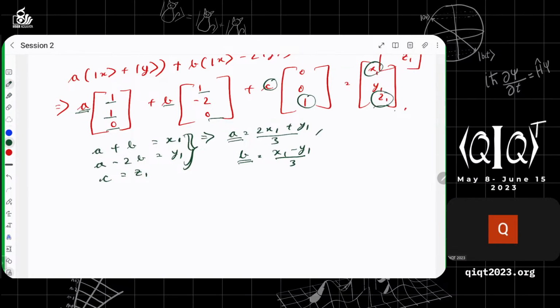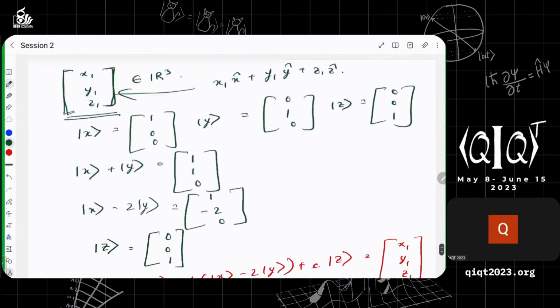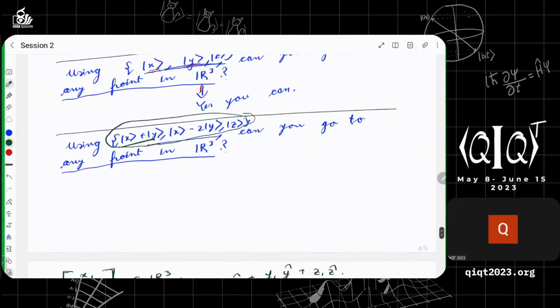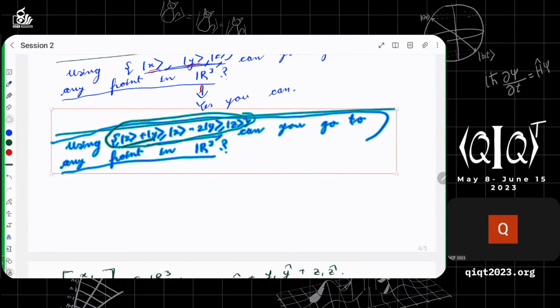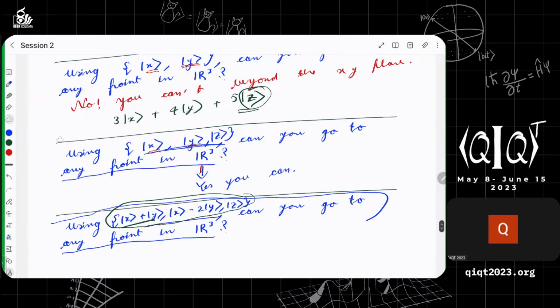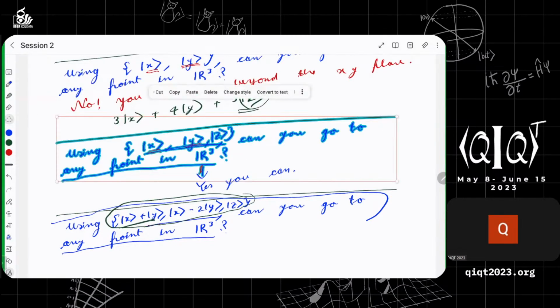Okay, so indeed, using this set, we can go to any point. Now, the last question I promise regarding this that I will ask, and then I'll go on to define basis vectors, is this. Maybe let's copy this.